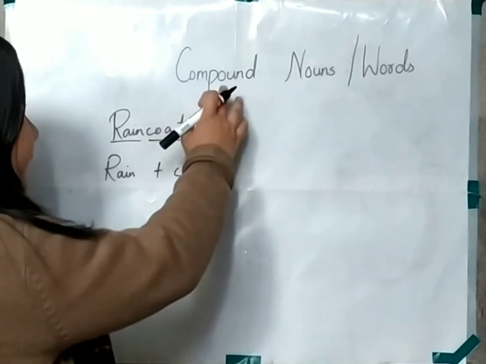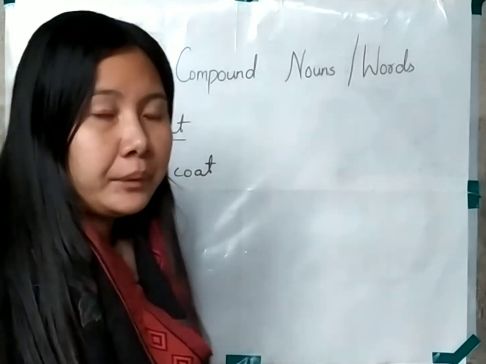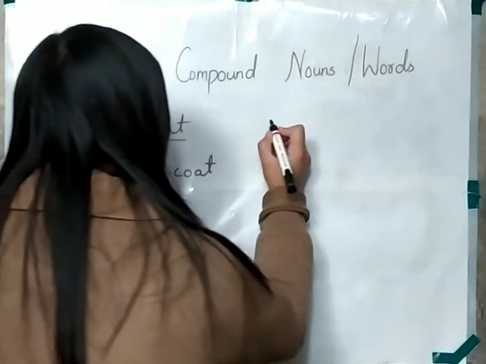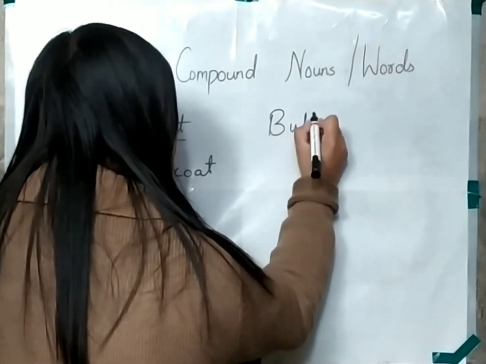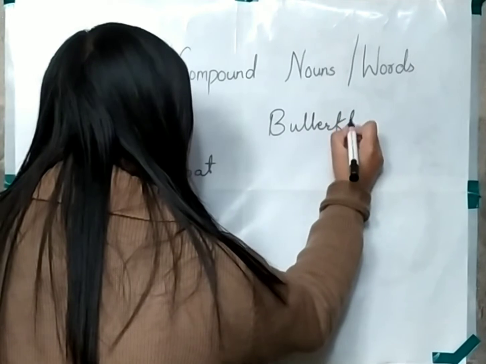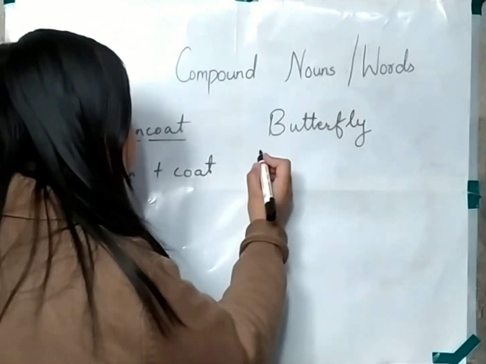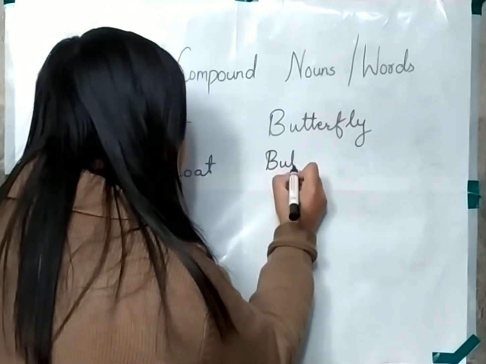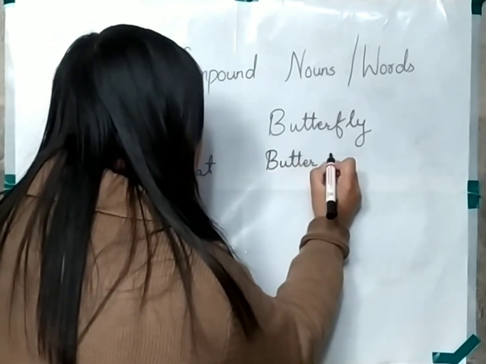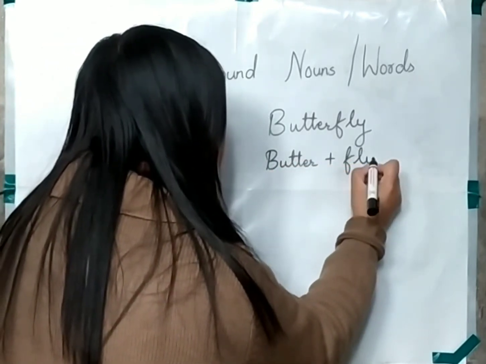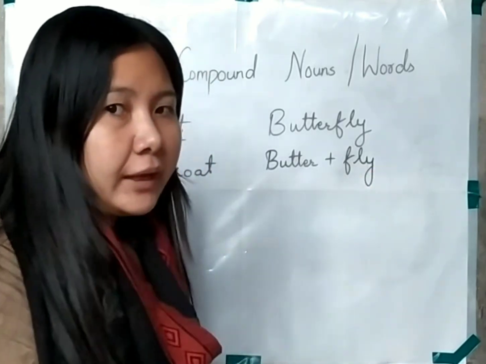So raincoat is an example of what? It's an example of a compound noun. Similarly, we all know about butterfly. In the word butterfly, that is a compound noun, what do we combine? We combine the words butter plus fly. So butter plus fly equals butterfly.